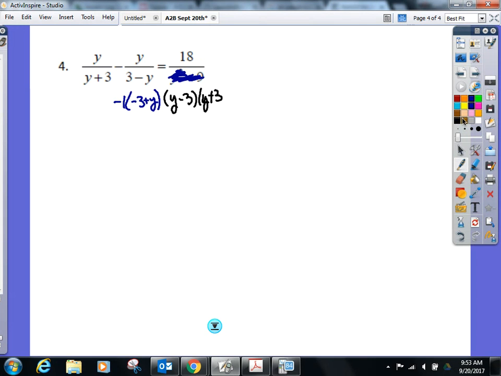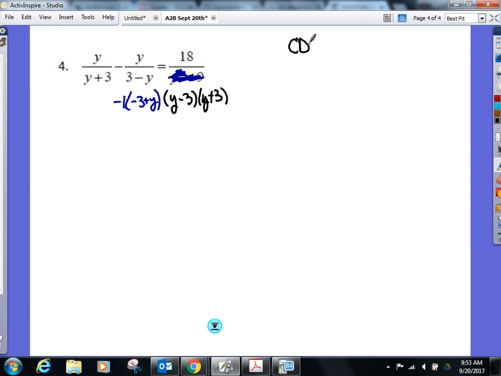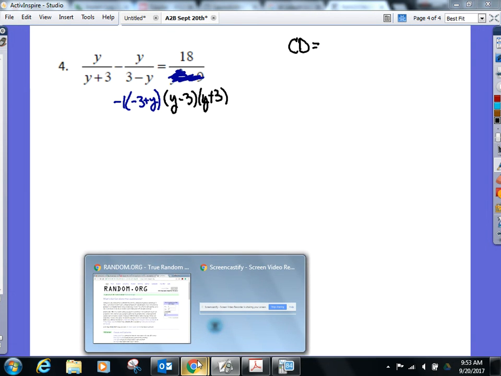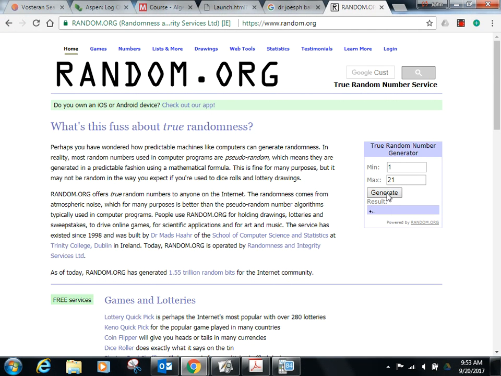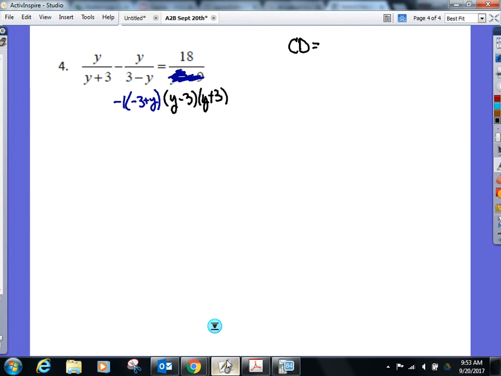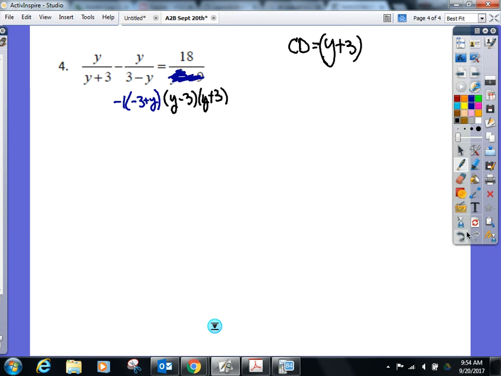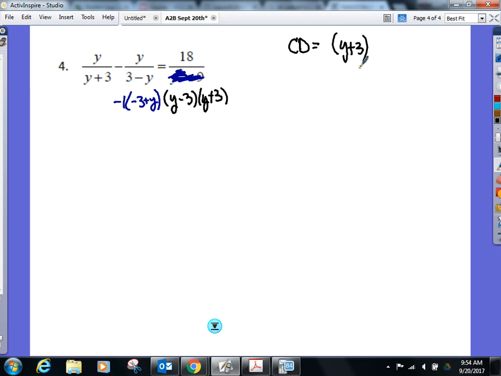So speaking of the common denominator, here we go. What is it going to be now? Give me something in common with those 3 fractions, or 2 out of the 3, doesn't matter. What's in common? Give me one thing in common. y plus 3. So they have a y plus 3 in common. That's going to go. Okay, so y plus 3s are gone.